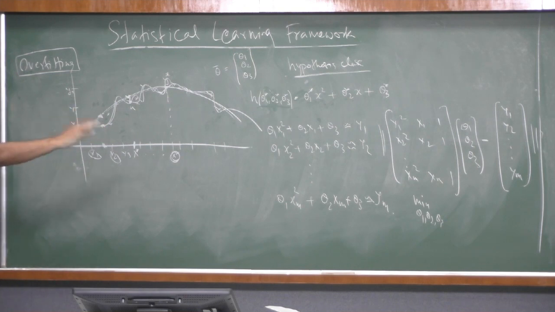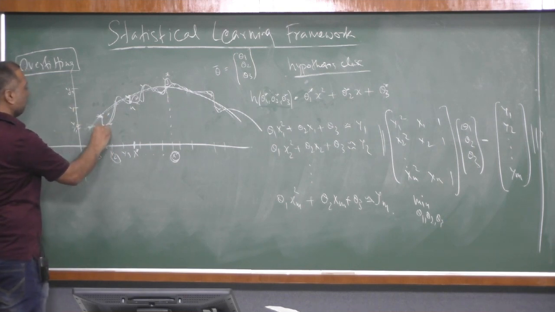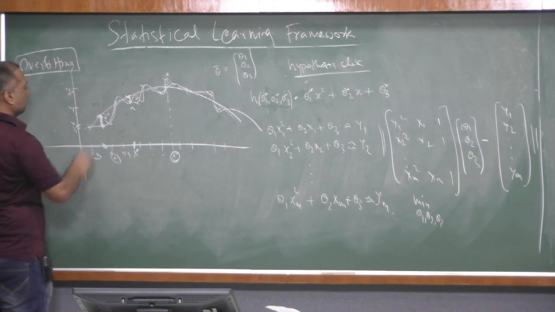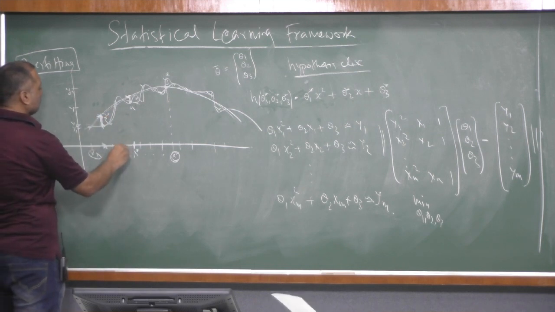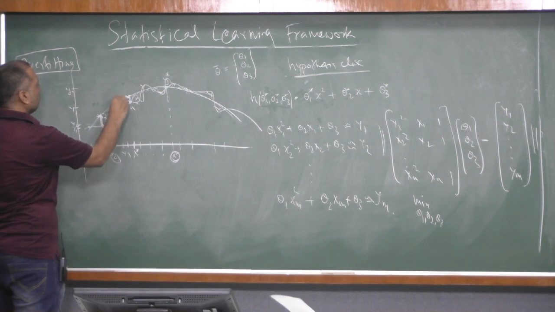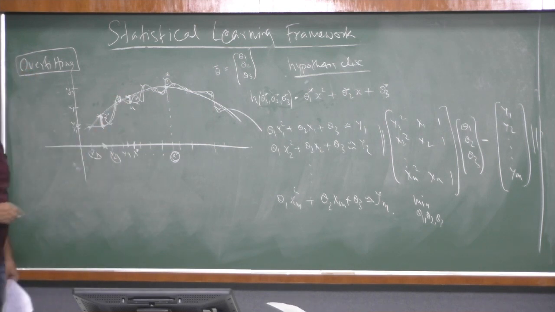So h(x_i) is y_i, perfect, but whenever a new point comes, I'm making a big error here. So these are my test error losses. Here it should have been here, then these are my error losses. So overfitting comes in very naturally in many experimental data like this.